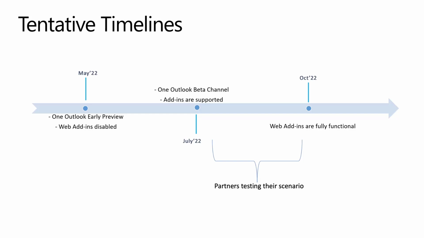In an ideal scenario, they should work as expected, but we would still want to do that before One Outlook goes live fully in October 2022, where web add-ins are fully functional. This is how we are thinking of approaching it, and this is what we had on One Outlook so far. If there are any questions, we can take those towards the end of the presentation.